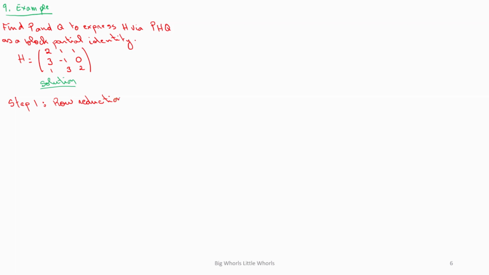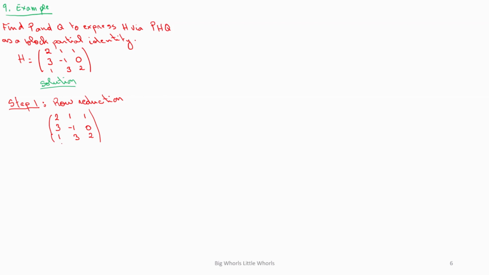So here is our matrix H: 2, 1, 1, 3, minus 1, 0, 1, 3, 2.